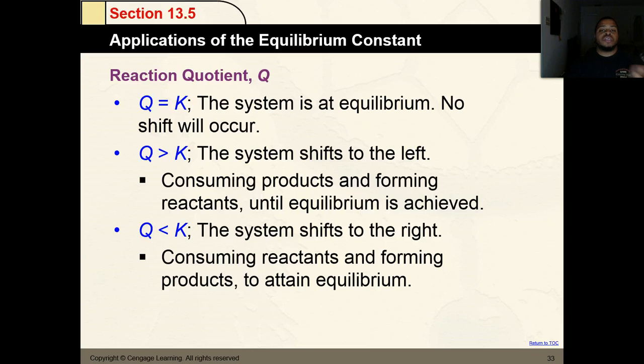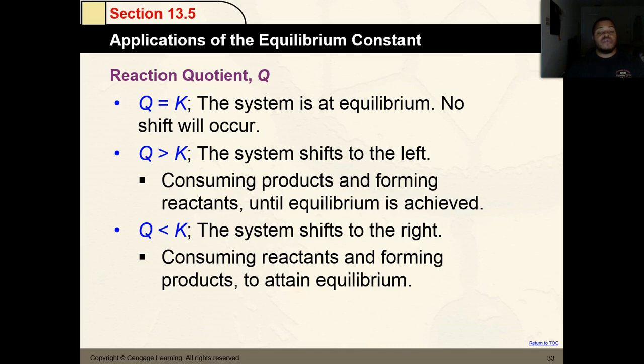And then understanding that relationship will allow us to see what's going to happen. Now, if Q is equal to K, that means that the reaction is at equilibrium. We have no shifting occurring. Everything is in the order that it's supposed to be. If Q happens to be greater than K, that means that the reaction is going to shift to the left, consuming the products and forming more reactants until the equilibrium is achieved.